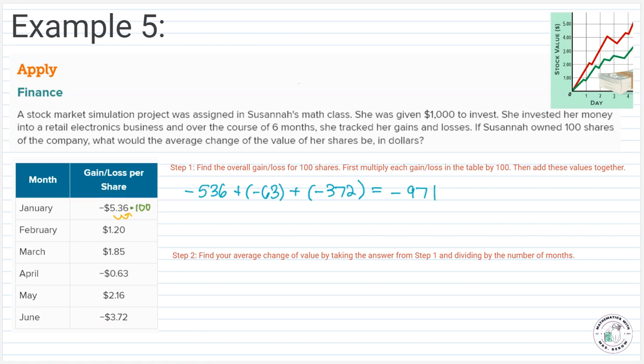And then for the gains, same idea. If we multiply by 100, this is going to move our decimal point to the right 2 spots. So we're going to do that for every single one of those that are a positive value. So that $1.20 multiplied by 100 is going to be 120. So we're going to have 120 plus, again, if I multiply that $1.85 by 100, this is going to turn into 185.